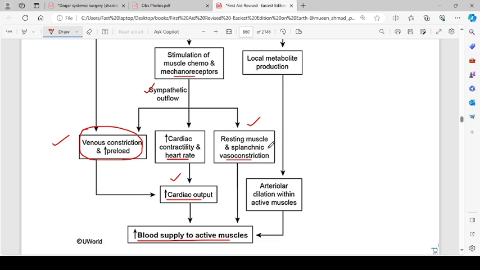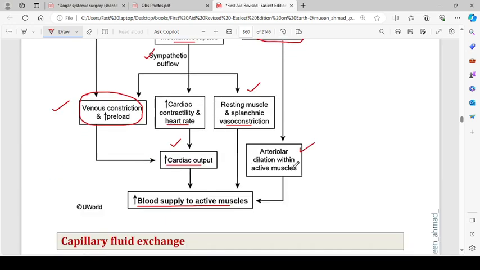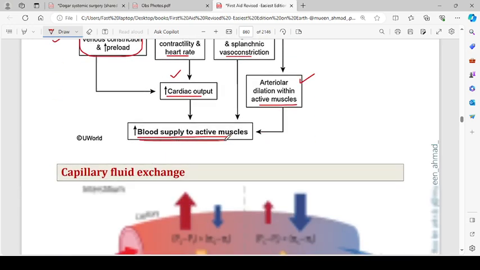So in the resting muscle and the gut, there is vasoconstriction to push the blood towards the actively moving muscle. By increased muscle activity, the local metabolite production causes arteriolar dilation within active muscles, and that also increases the blood supply to the active muscle.